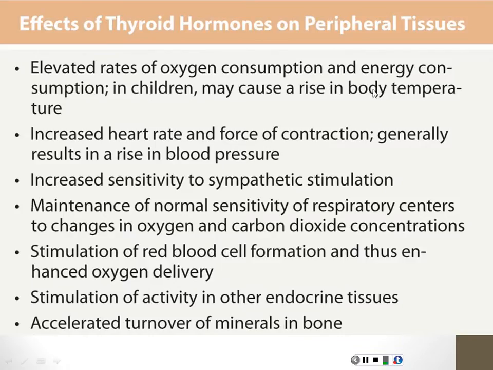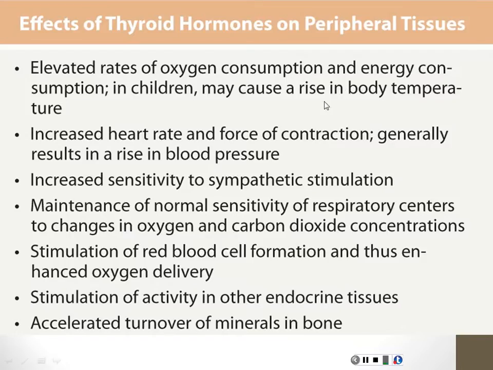And body temperature is also affected. So it says in children, but the truth is even in adults, thyroid hormone causes an increase in body temperature if it's in excess anyway. So we have that. In the cardiovascular system, thyroid hormone supports the heart's function. So it encourages strong heartbeats. It encourages good solid blood pressure because of good strong contraction.